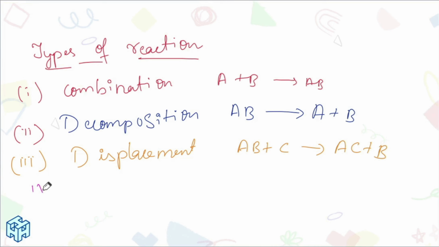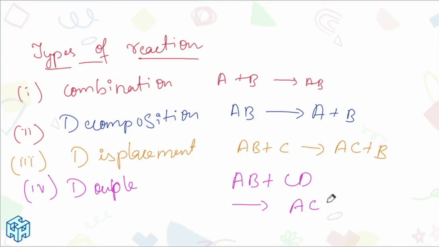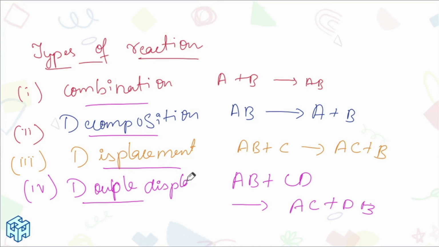Double displacement, where A and B are together, C and D are together, which gives rise to AC plus DB. Are you able to understand the four types of reaction? Combination, decomposition, displacement, double displacement. Did you get it? Yes.